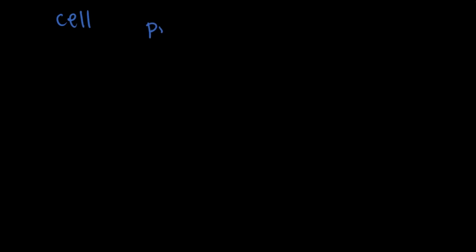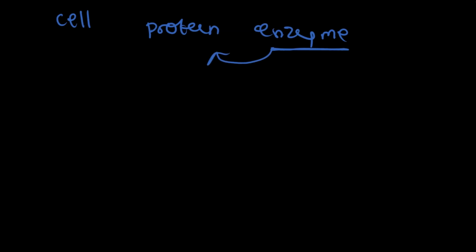Now the human body is made up of cells, and these cells are made up of proteins and enzymes and a lot of other structures and substances. Enzymes are special proteins that help to catalyze reactions, and they are very specific.